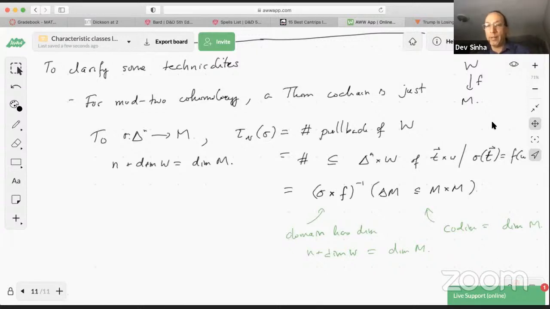If we don't have that embedding, we could try to assign pluses and minuses to various intersection points. By the way, transversality here means that there's not a lot of room for play here. Delta n and W have just enough tangent vectors to span the tangent space of M. That means that any place in the pullback, both of them have to be immersions.